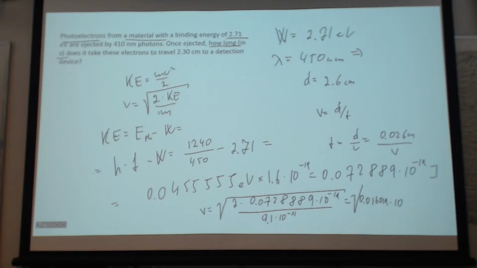It should be an even exponent, that's good, because it's easy to calculate the square root. Square root of that gives 1.1266.